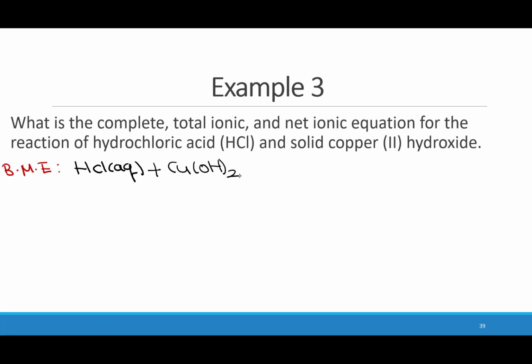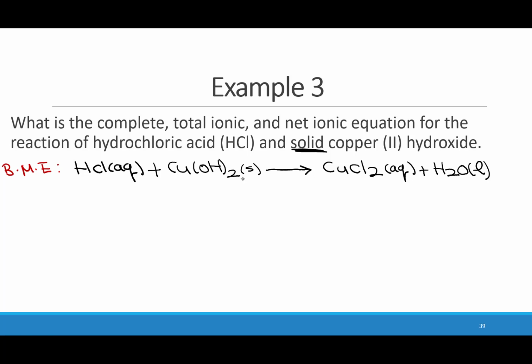And you're told in this specific example that the state of copper 2 hydroxide is solid. That's what you have to use, because you're told the state of it is solid. It's not aqueous. Now what do you get? It's an acid-base reaction, so you will get copper 2 chloride plus liquid water.